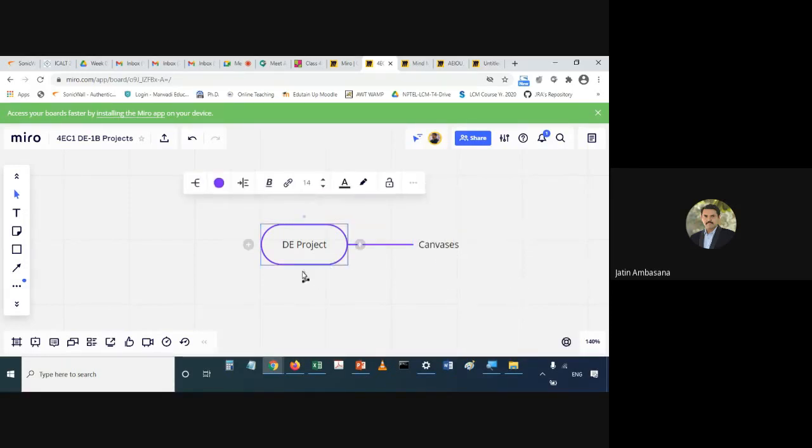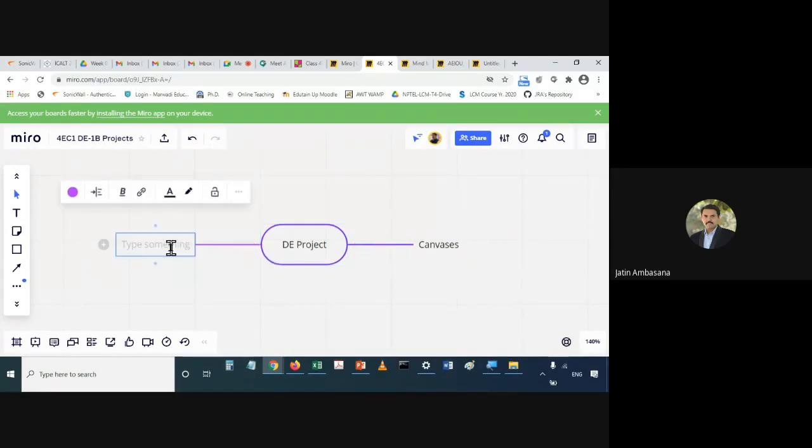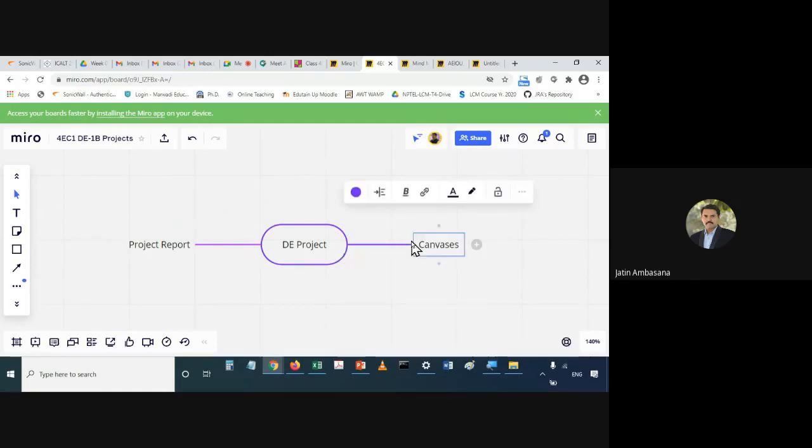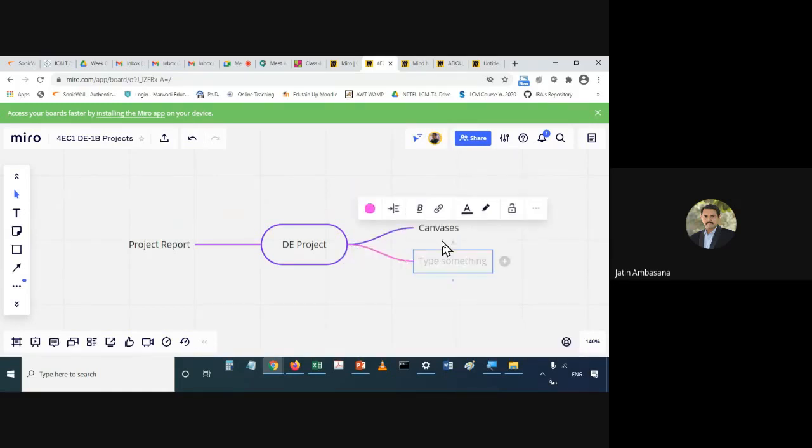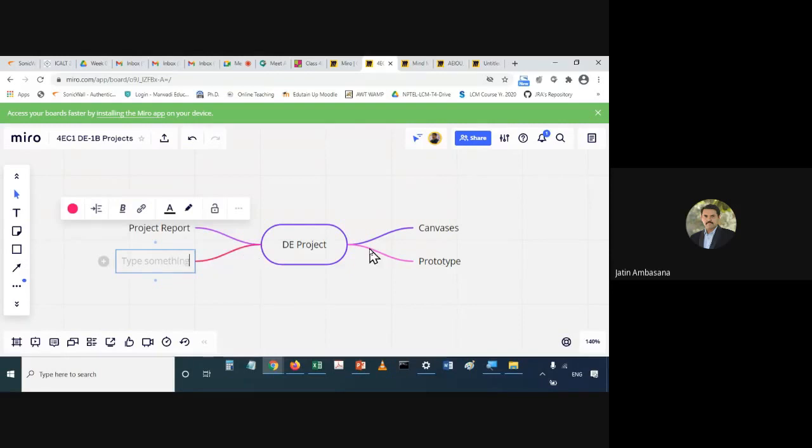Then you also have to do the report, or the project report, right? Then you may also need to do the prototype, right?